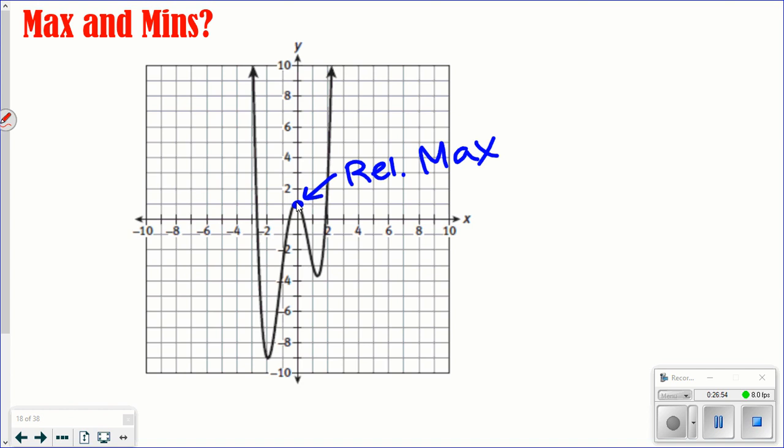And I see a valley or a U shape right here, so this would be a relative minimum, and this would also be a relative minimum. So we can have more than one valley or low point. Relative min and relative max cannot be endpoints. They have to occur throughout or within your graph.